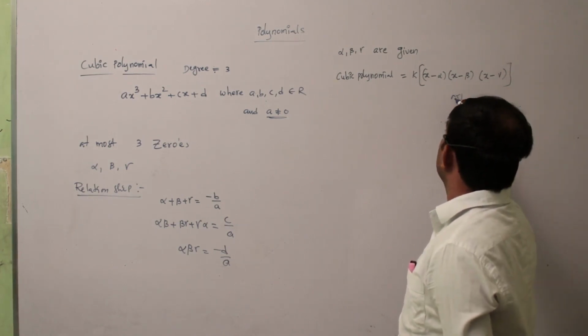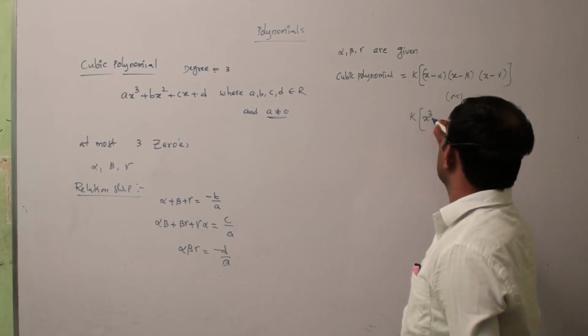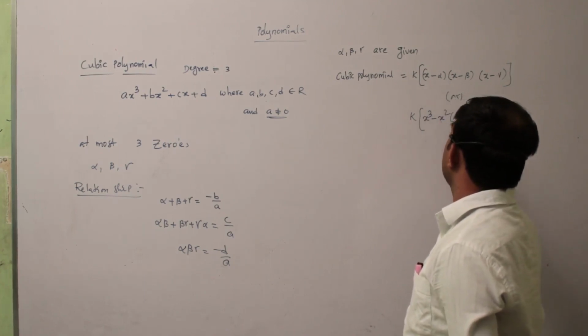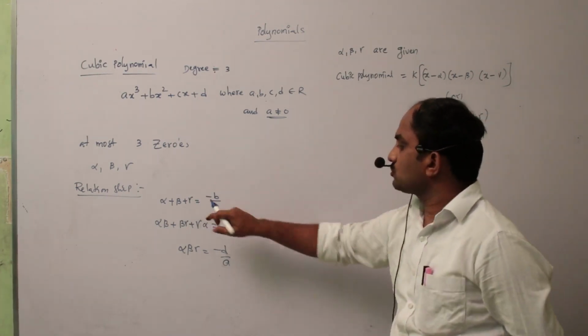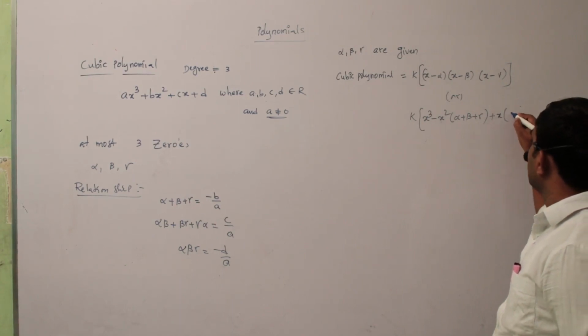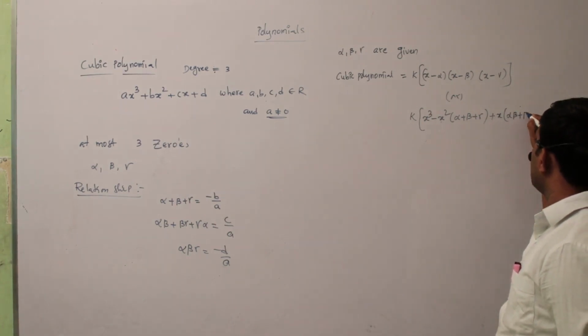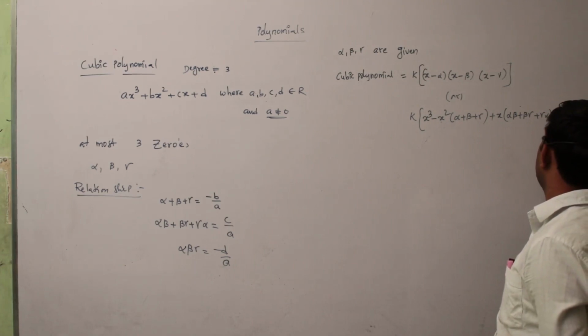When you multiply this, you get k into x cube minus x square into alpha plus beta plus gamma, plus x into alpha beta plus beta gamma plus gamma alpha, minus alpha beta gamma.